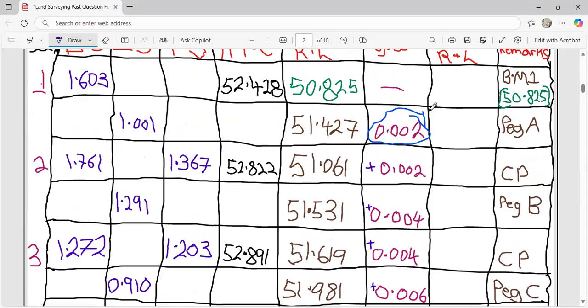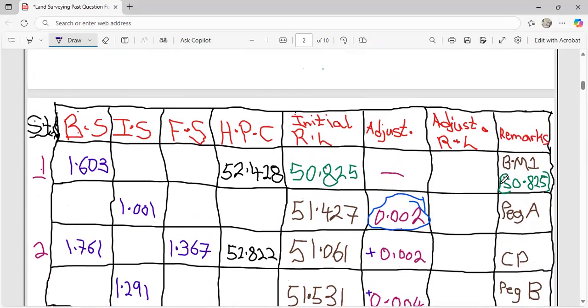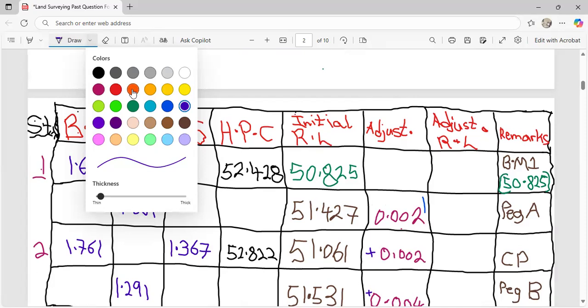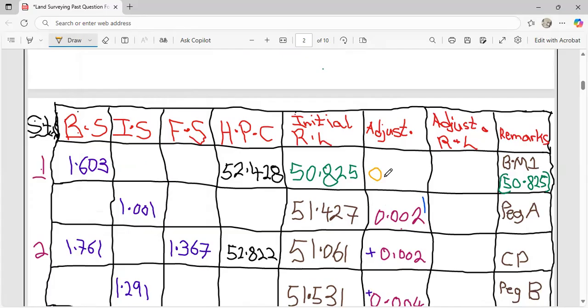All right. So this value will still have to be repeated over here. All the empty boxes that you are seeing, as a matter of fact, they have values of 0.000.